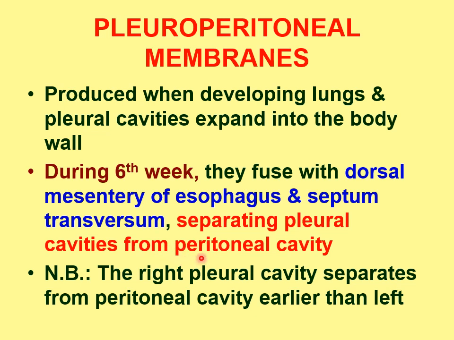You must remember that the pleuroperitoneal membrane also contributes to the formation of the diaphragm when it fuses with the septum transversum and the dorsal mesentery of the esophagus. It makes a smaller portion, but it helps fill up the gap present between the abdominal cavity and the pleural cavity above, through the pericardio-peritoneal canal.